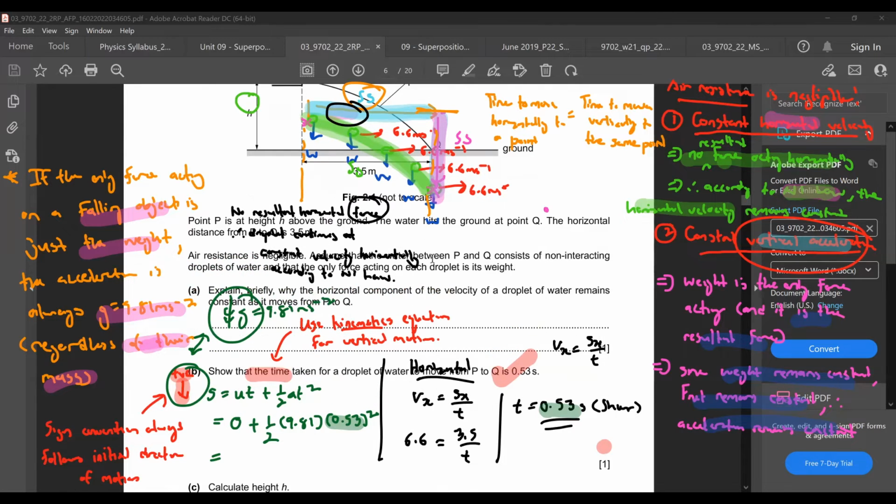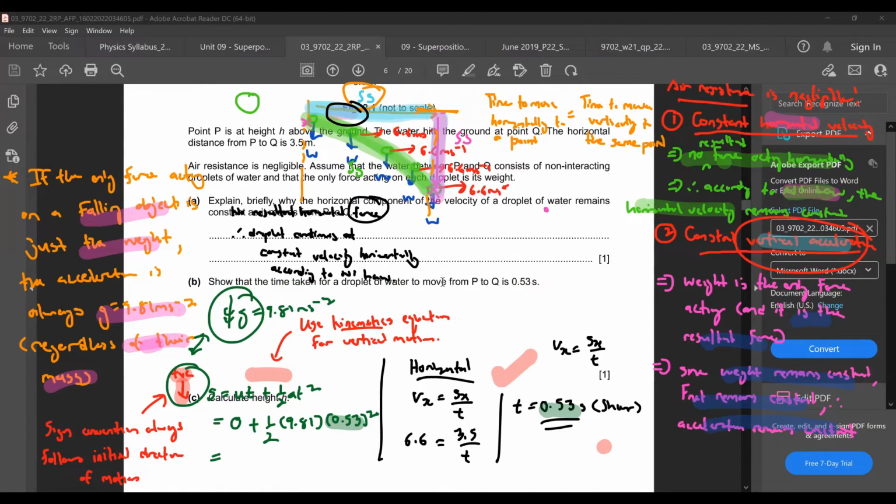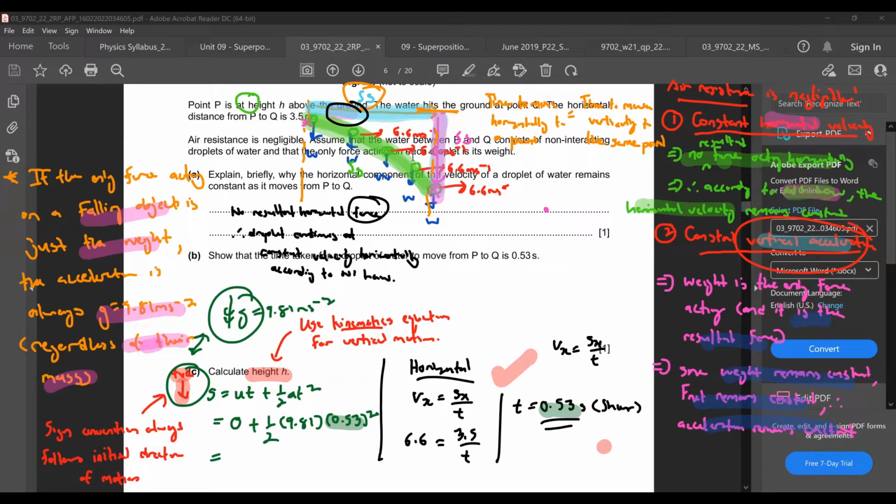So in my case, I already found from the horizontal motion 0.53. I'm going to use it for my vertical motion too. So I just sub everything in. I'll get 0.5 times 9.81 times 0.53 squared. You're going to get an answer as 1.38 meter.